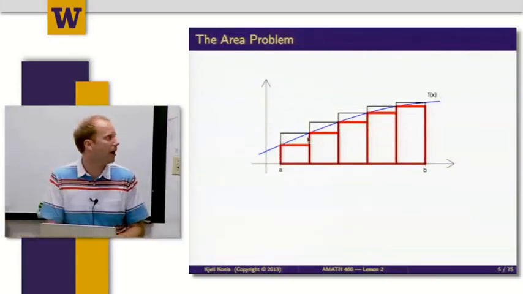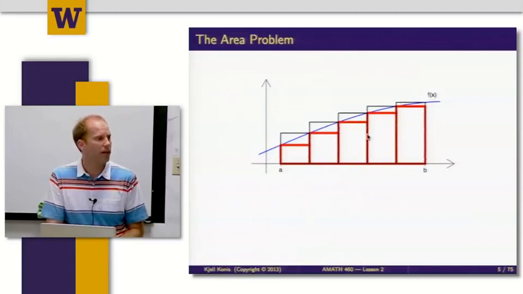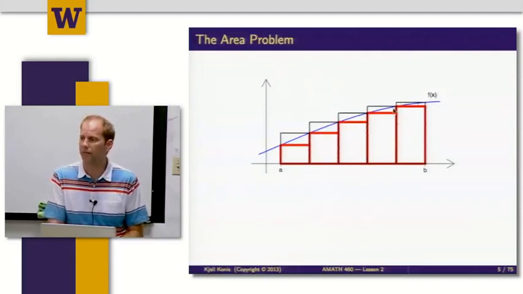And then I'm going to do just the opposite with the black rectangles: I'm going to evaluate them at the right side. So the top of each black rectangle is completely above the curve. My lower limit for the area underneath this curve is going to be the sum of the areas of the red rectangles, and the upper limit will be the sum of the areas of the black rectangles.